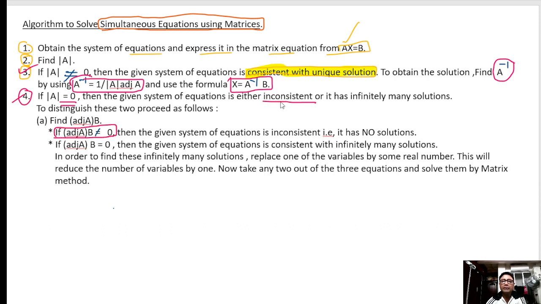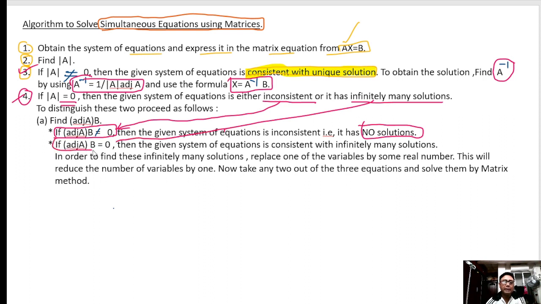Mind it, inconsistent if adjoint of A into B is not equal to 0, and it has no solutions, and it will have infinitely many solutions if adjoint of A into B is 0.